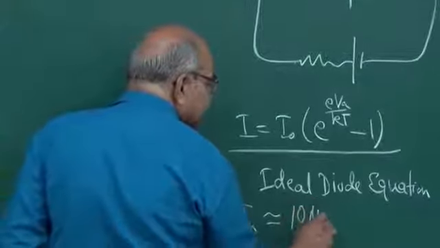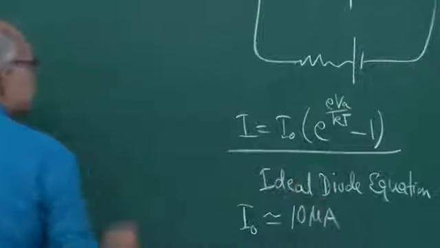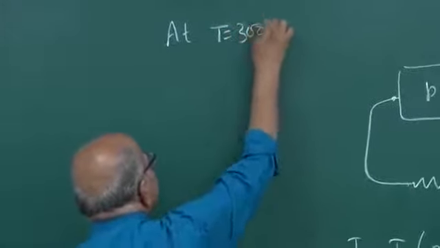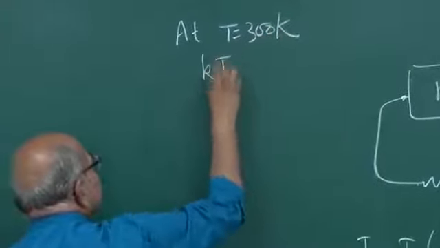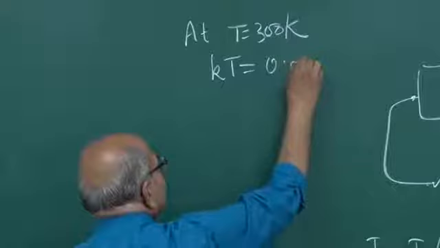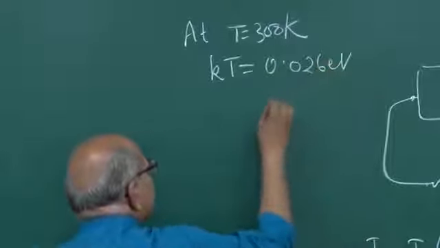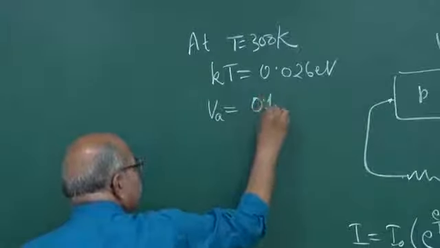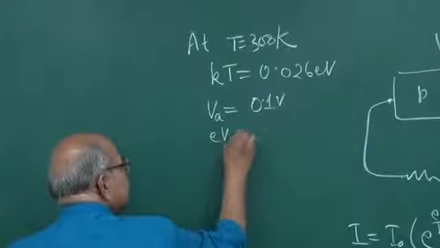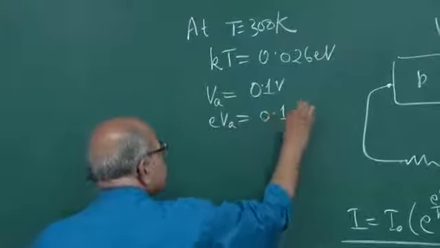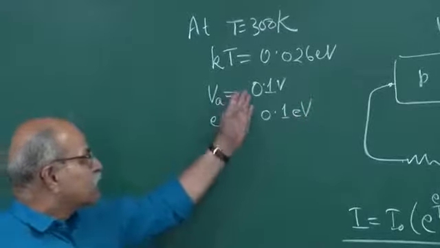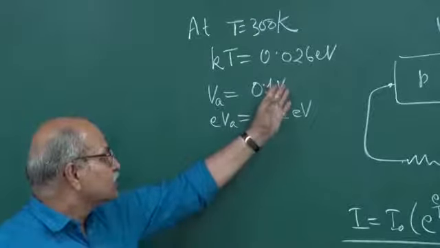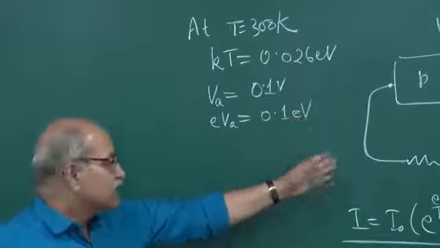So, let us say 10 microampere, and at room temperature, at T equal to, let us say, 300 K, this kT is 0.026 eV, and if you apply, say, VA equal to 0.1 volt, that means e times VA will be 0.1 eV. Similarly, for different applied volts you will have the same number, but the volts will become electron volts.